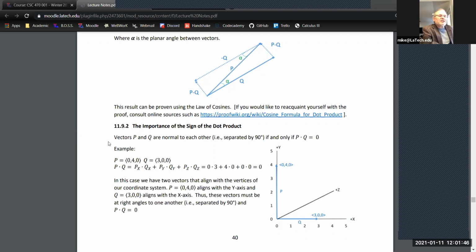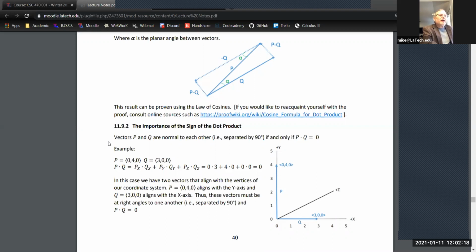Vector P is vertical along the y-axis. And we've got a vector Q, which is specified as 3, 0, 0. So the vector Q lines up with the x-axis, the vector P lines up with the y-axis. Because we know how axes work, we can immediately see that P and Q are at right angles to each other. Okay, there's a 90-degree angle between P and Q.